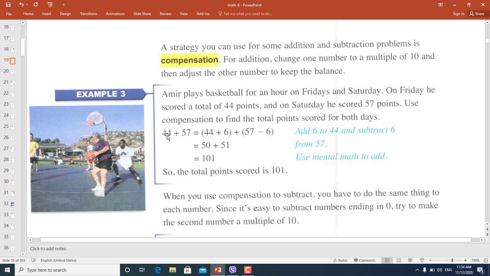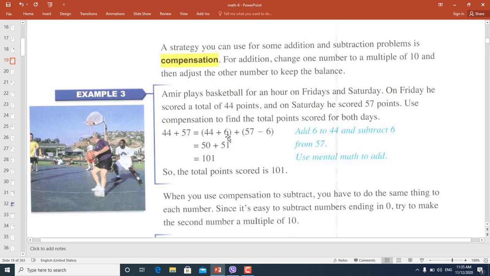We add 6, and when you add 6 on this side, we must subtract the same number from the other side. So we say 44 plus 6, then we have the plus sign, and 57 minus 6, subtracting the same number.